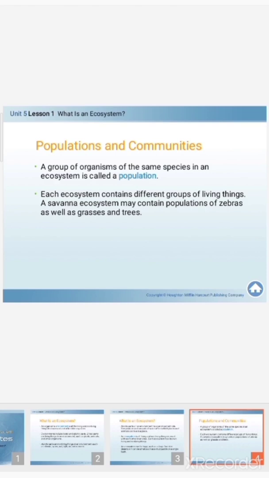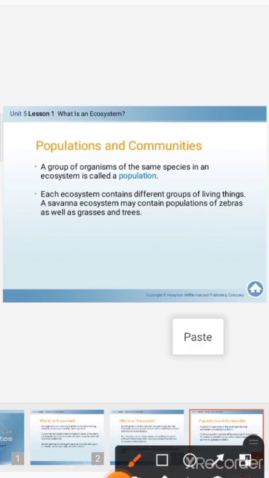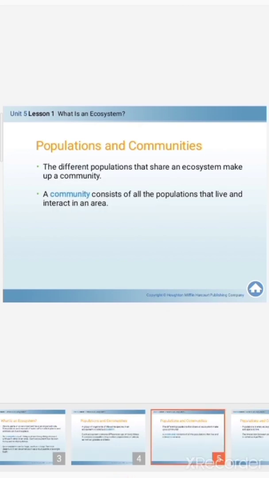All elephants in an area are called a population. While if we have a group of different populations in the same area, like a group of zebra, giraffe, lion, all of these animals in the same area, this group is called a community.